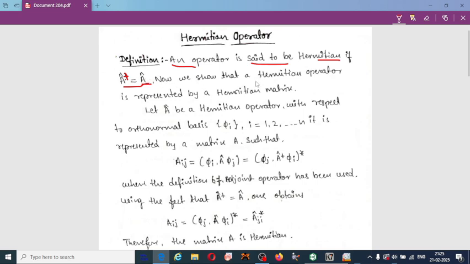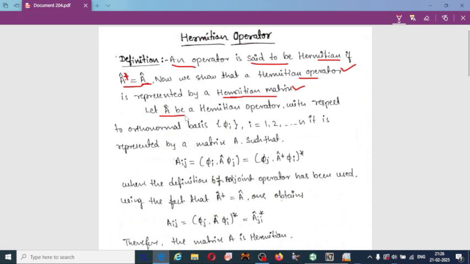Now we have to show that a Hermitian operator also represents a Hermitian matrix. As we know, in the case of matrices also the same properties hold good for a Hermitian matrix and for operators also. So let us define the Hermitian operator.